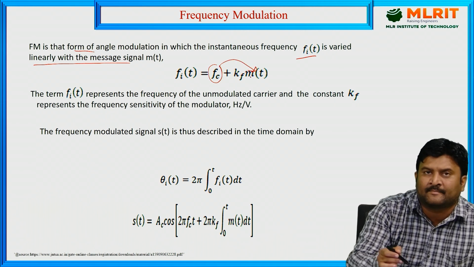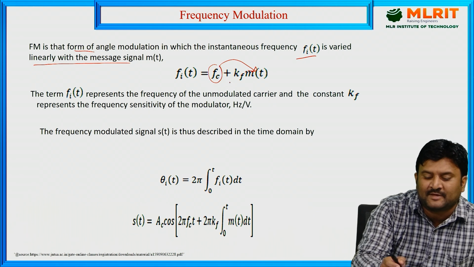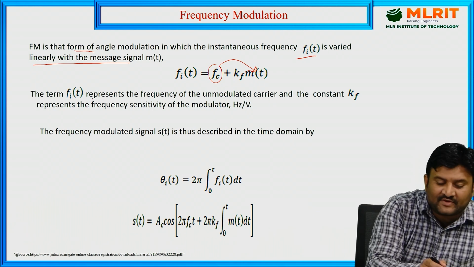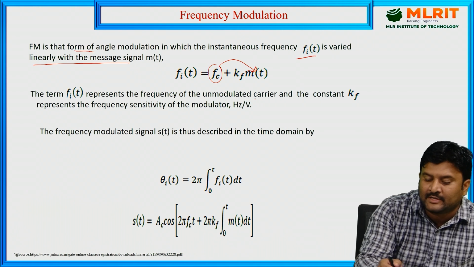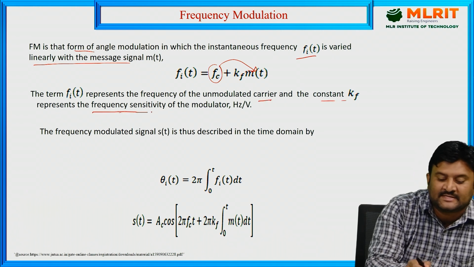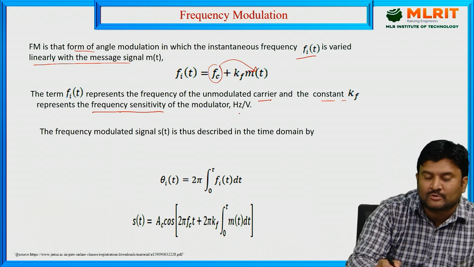How it is varying: fi of t equals fc plus Kf m of t, where fc represents the frequency of the unmodulated carrier and the constant term Kf represents the frequency sensitivity, which is in Hz per volt.